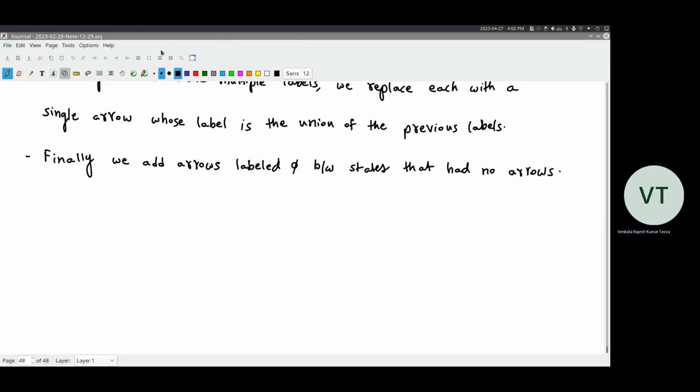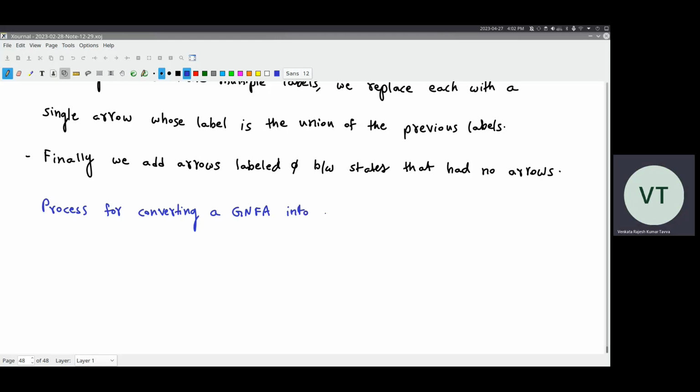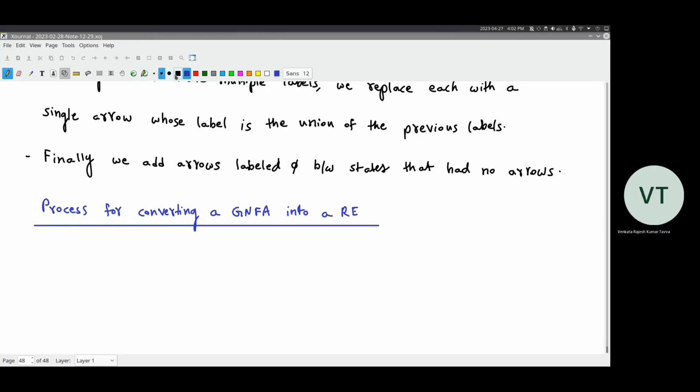Now the second step is converting the GNFA to a regular expression. So the process for converting a GNFA into a regular expression. Say that the GNFA has k states.